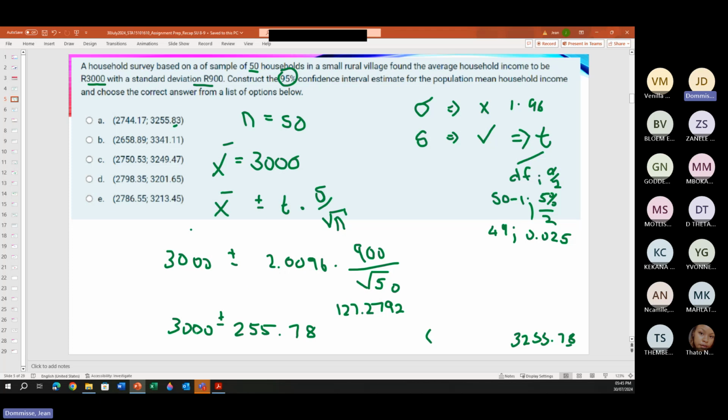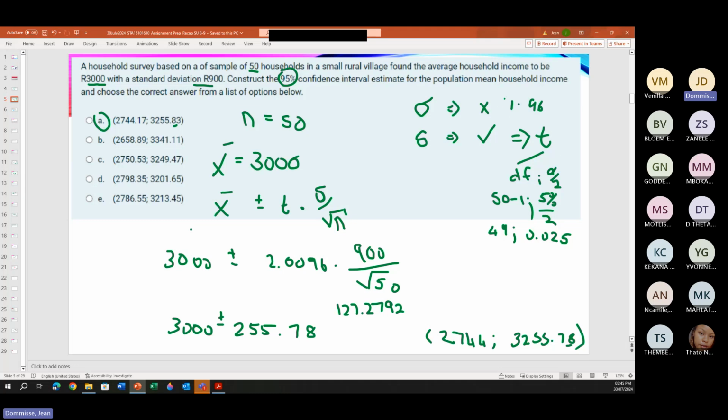And if we set negative, we get 2,744. Okay. So working with option one. I just want to check if it was 1.96.